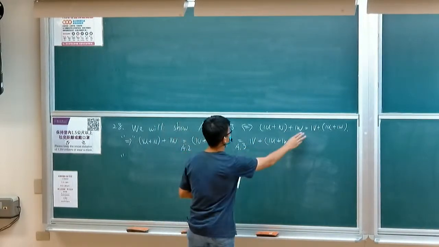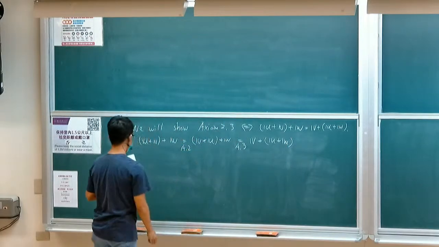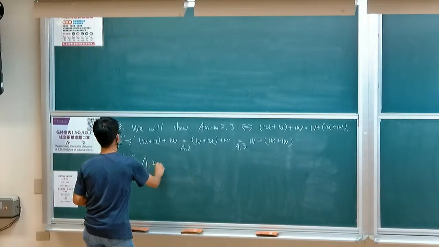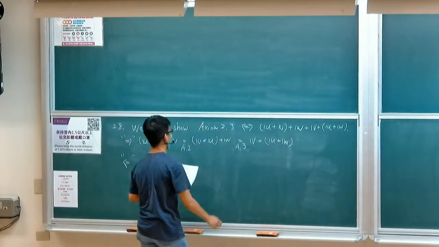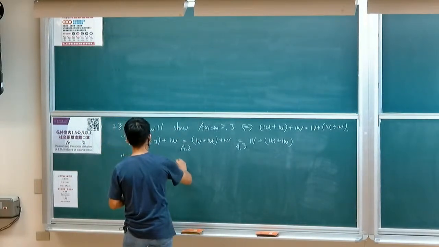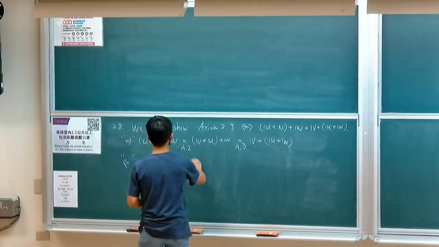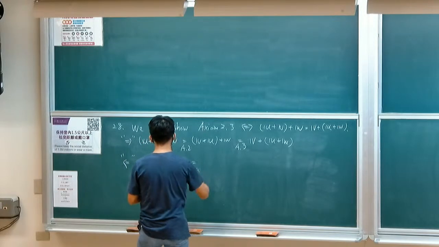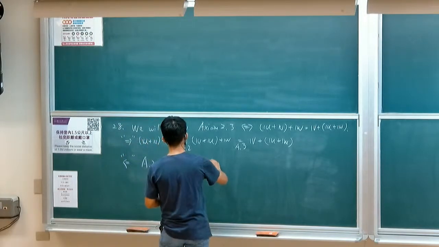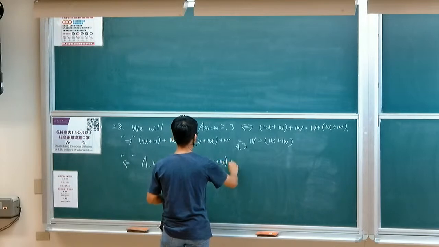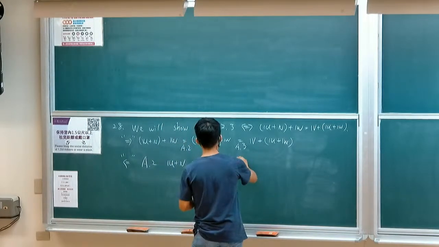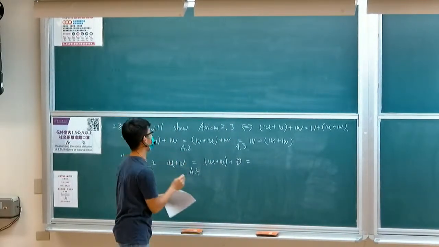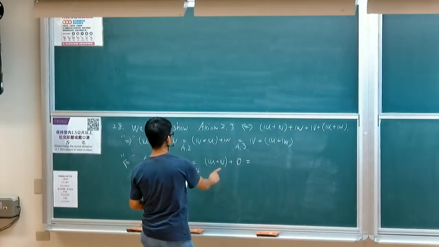How about using this equation to get axiom 2 and 3? For this direction, we first show that we can use this equation to have axiom 2. We start from u plus v. Then add other terms by axiom 4: any vector is equal to itself if it is added by the 0 vector. Then by this equation, we can take these out.